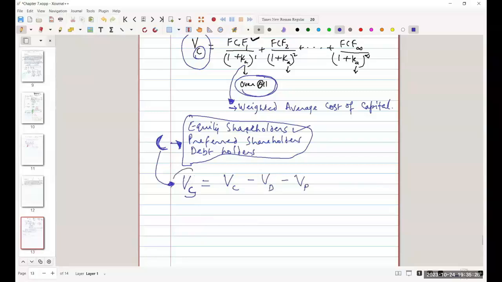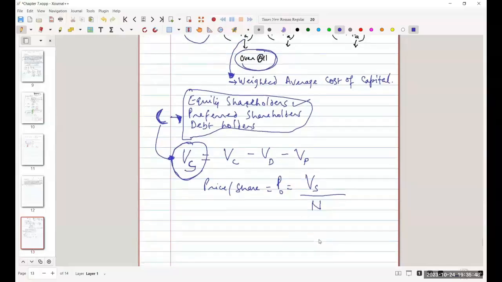What we will be left with will be the total value for the equity shareholders. And then the value per share will be this divided by N, which simply means the number of outstanding shares. That's all. So let's put this understanding into use.